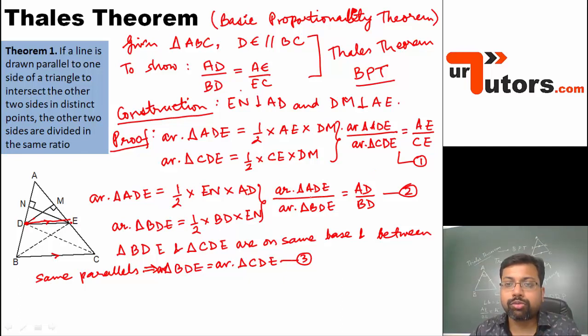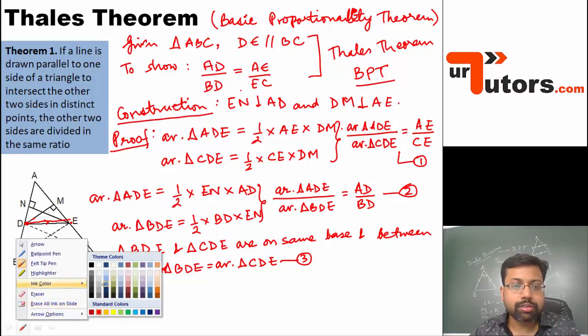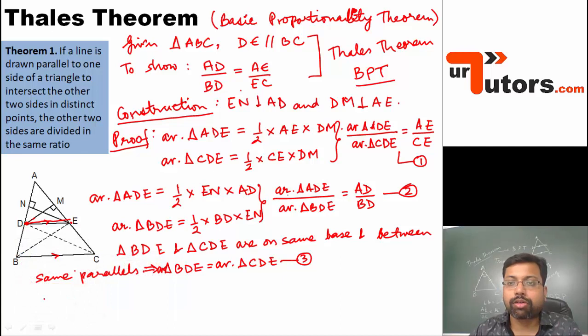If you look at these two, you would see that both of them have triangle ADE in the numerator. I'll just change the ink color so that we are able to get it better. Okay. So what we see here is both of them have triangle ADE in their numerator. Also in the denominator you have triangle CDE and triangle BDE. And we found out that both of them are equal.